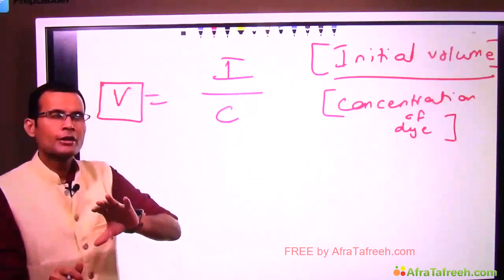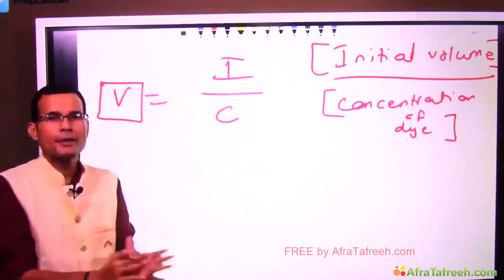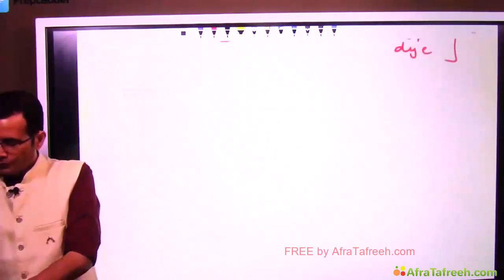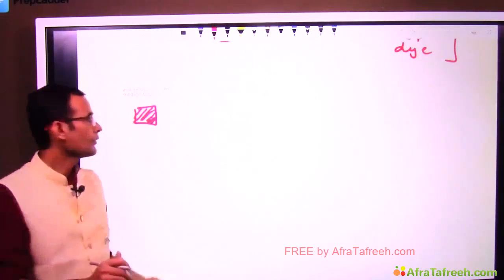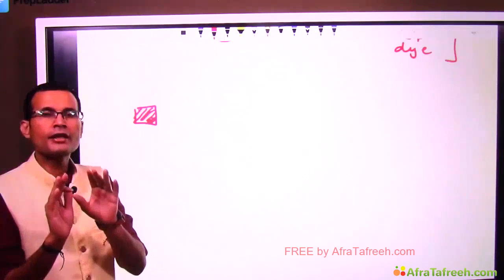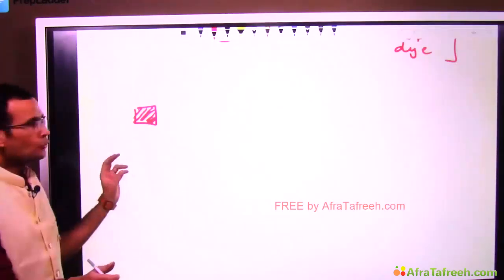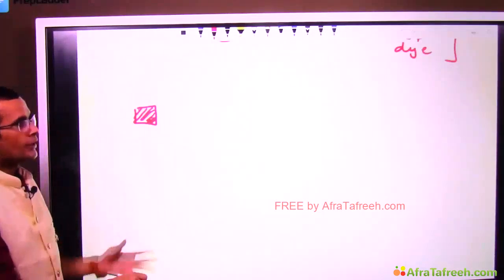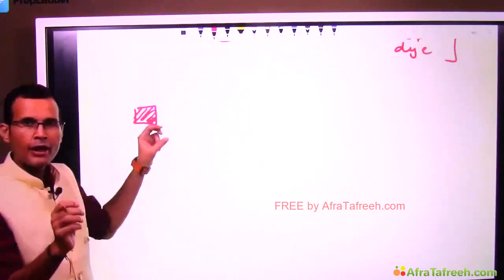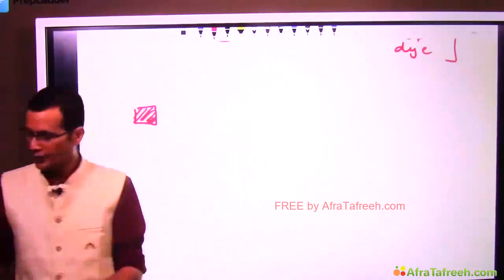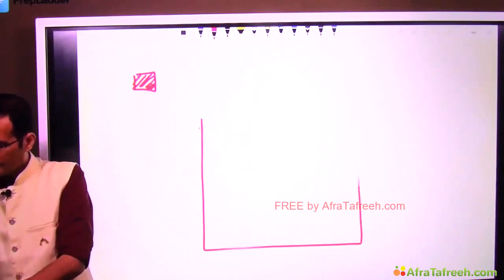Let me just, for the sake of making it a little simpler, take an example. Suppose this is the initial volume of that dye. This is just a diagrammatic explanation, to make you understand this particular method. Suppose this is the initial volume of that dye or indicator which we are going to inject into the compartment, and there are these two compartments.